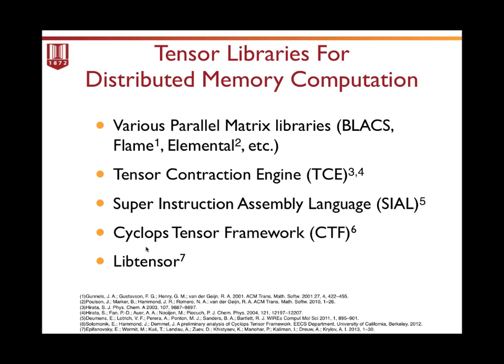So what we actually want are more tensor-based libraries like Tensor Contraction Engine, Sail, CTF, and libtensor. All of these libraries use a language similar to what I showed on the previous slide for TiledArray, where you write code that looks very much like the expression that you're trying to represent in the code.